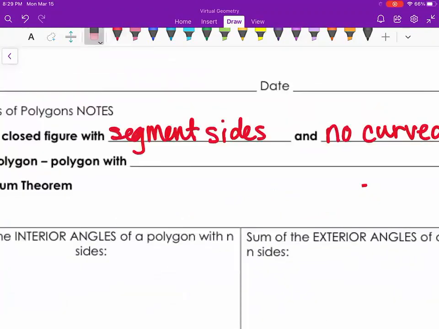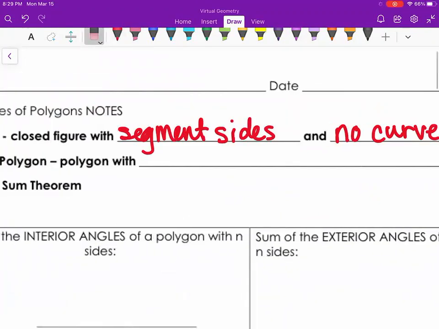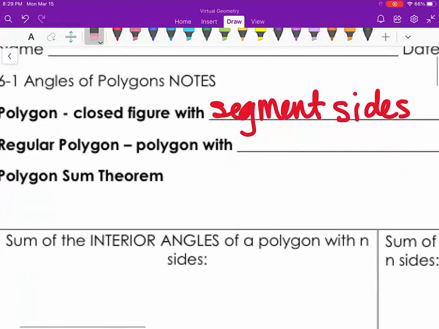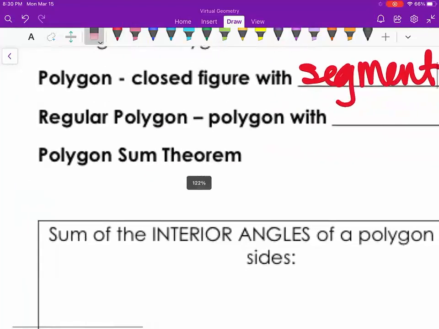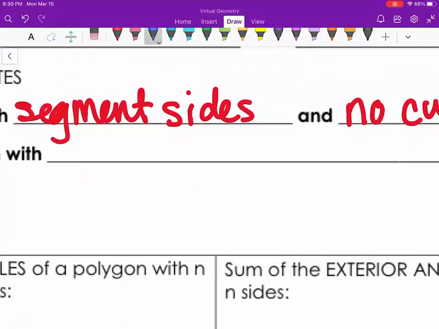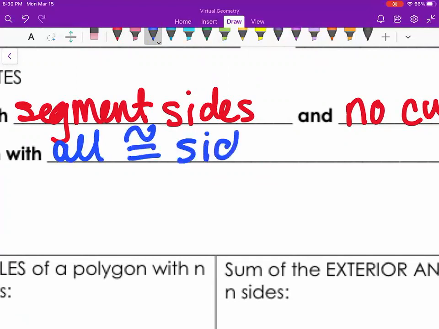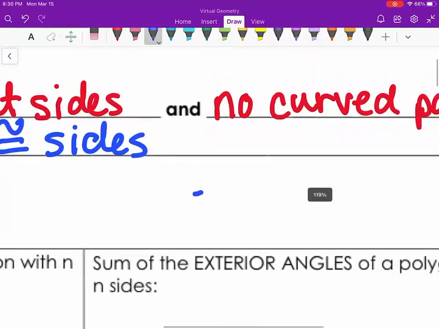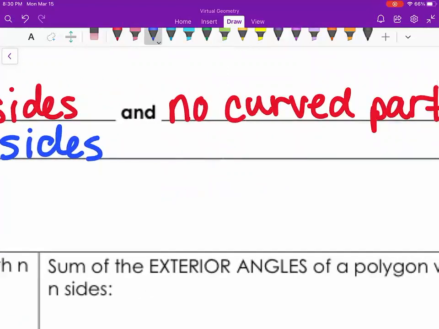All right, let's talk about some of the other properties and vocabulary that we're going to be looking at with our polygons. The next one is a regular polygon. Specifically, a regular polygon is a polygon that has all congruent sides and all congruent angles.